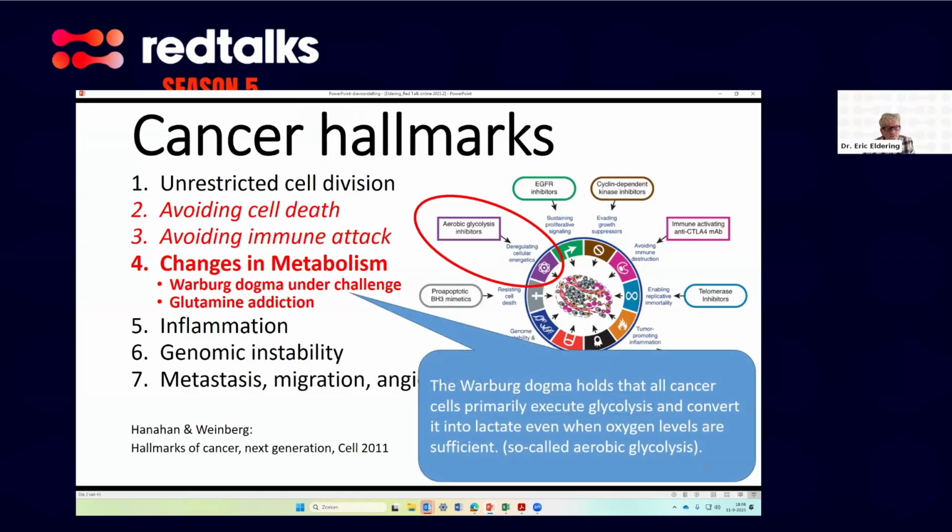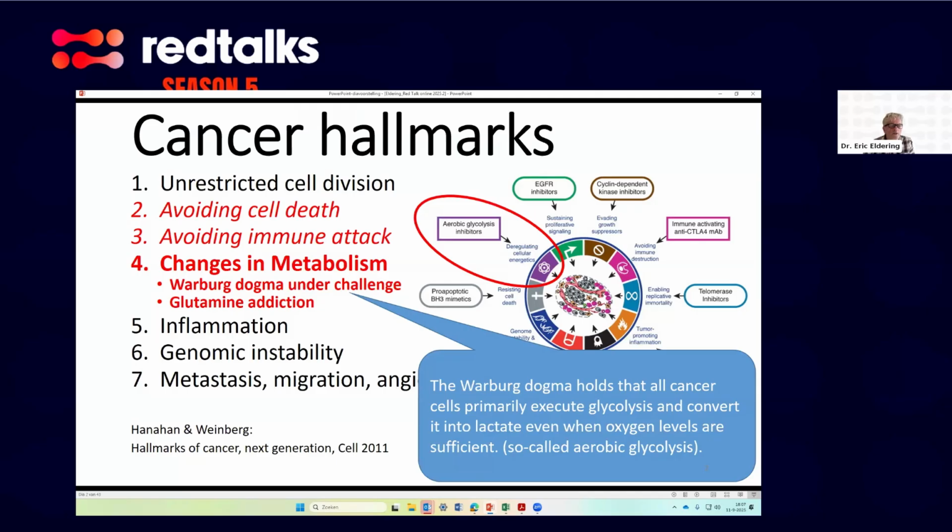And the Warburg dogma states what is written here, that all cancers primarily execute glycolysis, which means the use of glucose and convert it to lactate, even when oxygen is sufficient for the cancer cells. So this was called aerobic glycolysis.